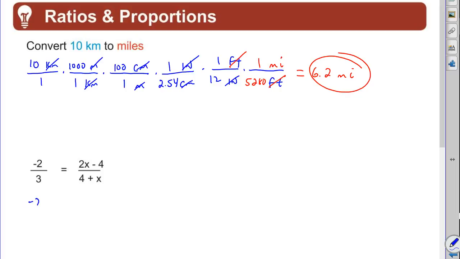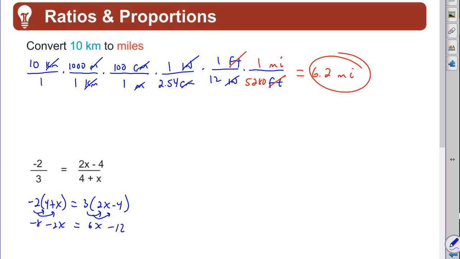So I end up with a negative 2 times the (4 plus x) equals a 3 times a (2x minus 4). Now you got to have those parentheses, because it's the whole times the whole. So I've got to distribute. So negative 8 minus 2x on the left, a 6x minus 12 on the right.